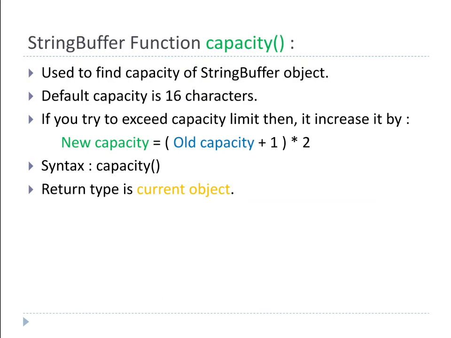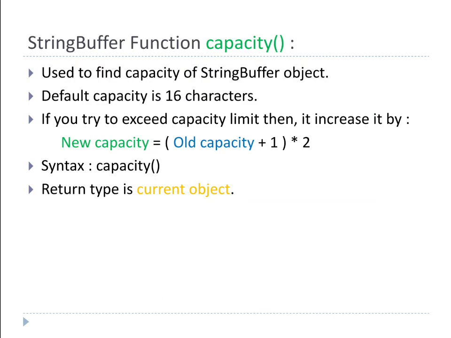By default, you have to remember, every StringBuffer object contains 16 characters. And if you exceed the capacity, if you add more characters to the previous ones, then the capacity increases by a given formula: the old capacity plus 1, into 2. We get a new capacity.